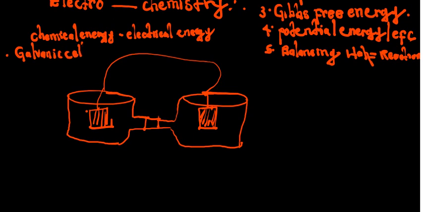There are different parts that make up the galvanic cell. Among the parts are what we call the anode, and then the other part is called the cathode. Okay, so the anode here, and this is the cathode.